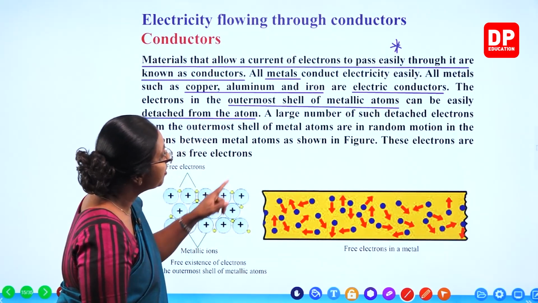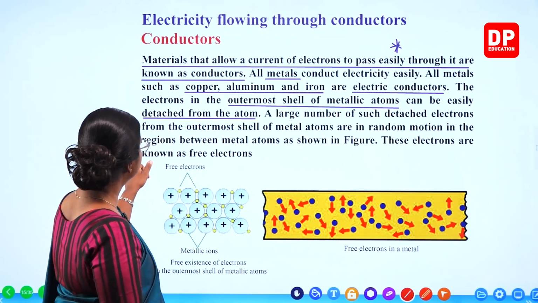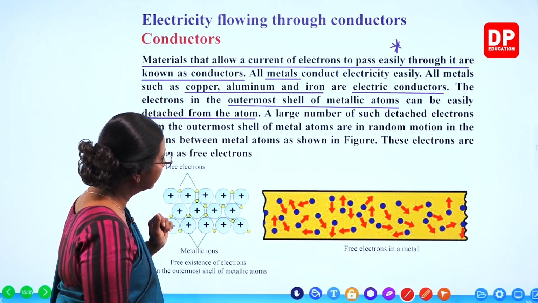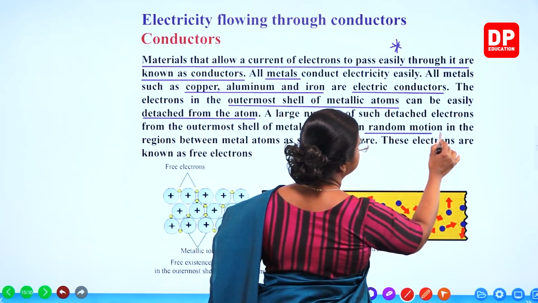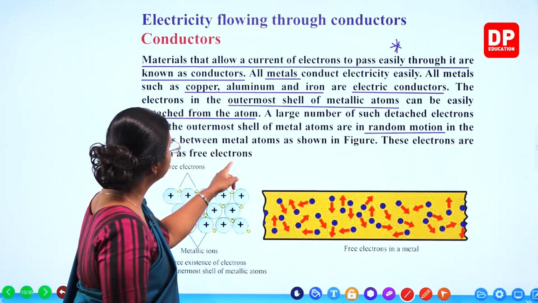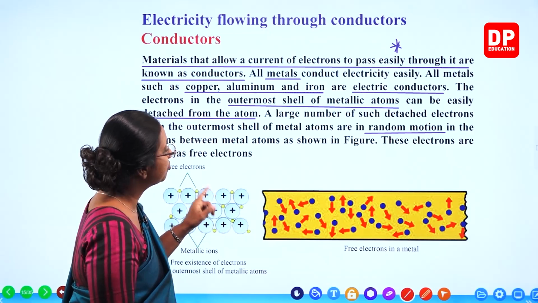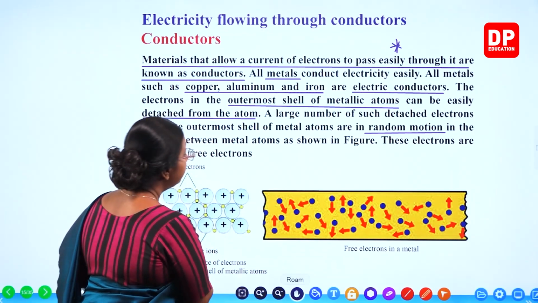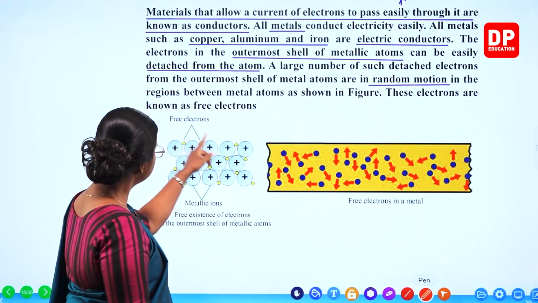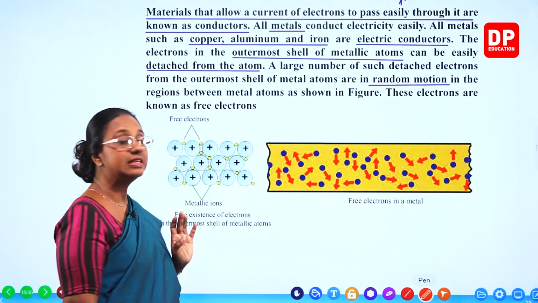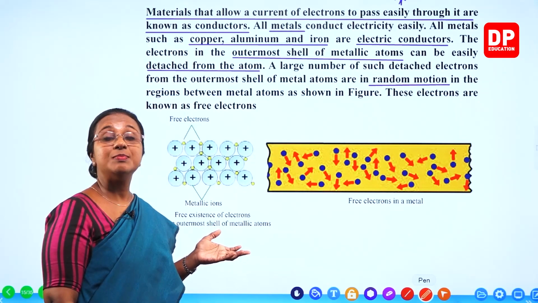A large number of such detached electrons from the outermost shell of metal atoms are in random motion in the regions between metal atoms, as shown in the figure. So if we look at the figure here, you all can see, students, this is a metal structure, or what we call a metallic lattice.